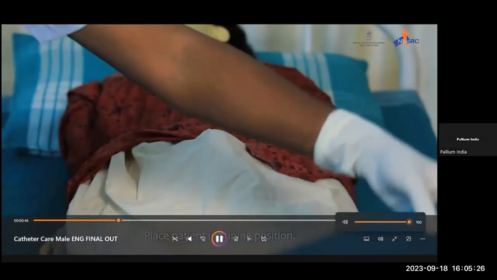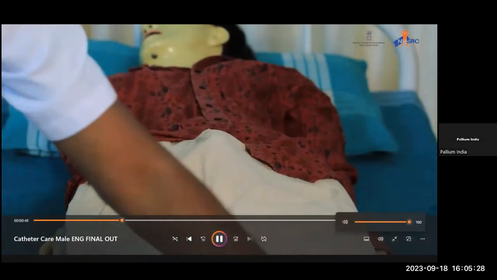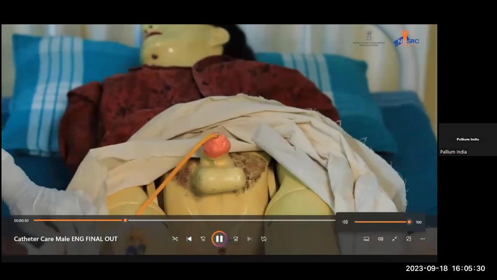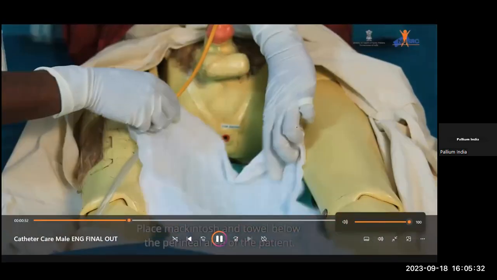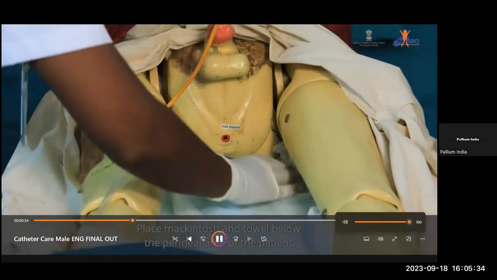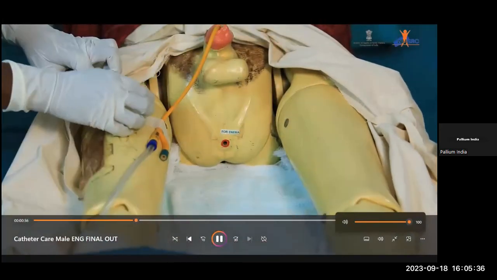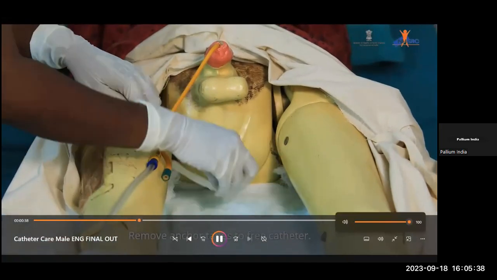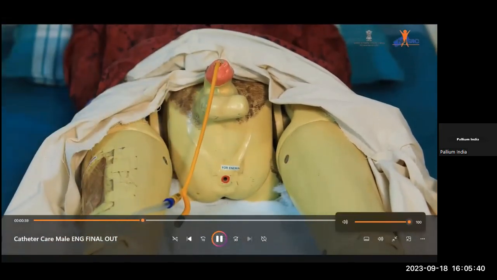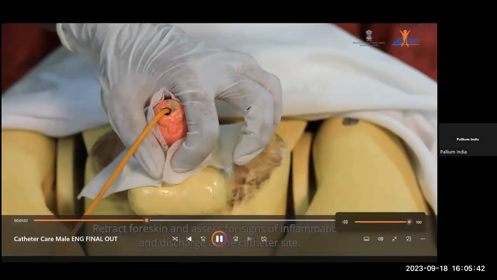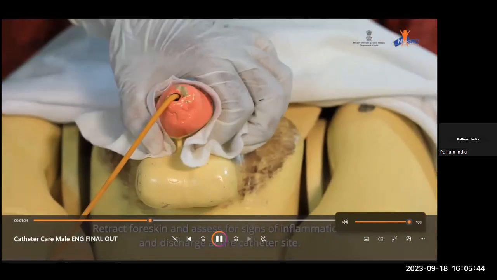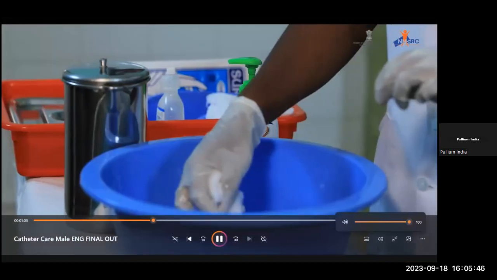Place the patient in supine position. Place the Macintosh and towel below the perineal area of the patient. Remove anchor tapes to free the catheter. Retract the foreskin and assess for signs of inflammation and discharge at the catheter site.